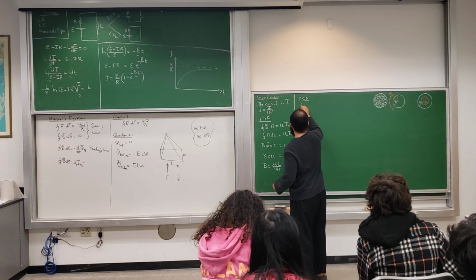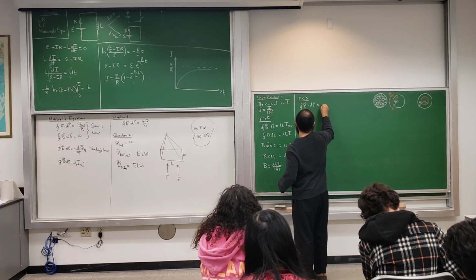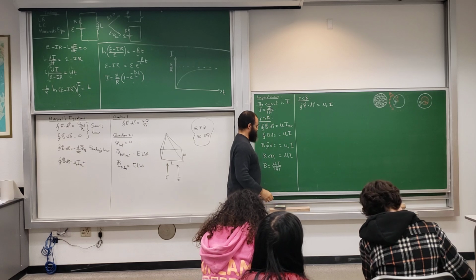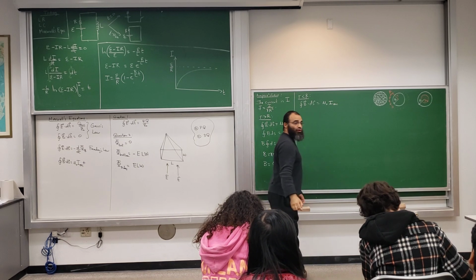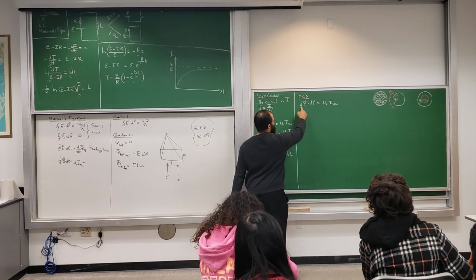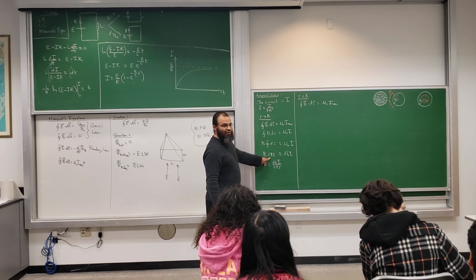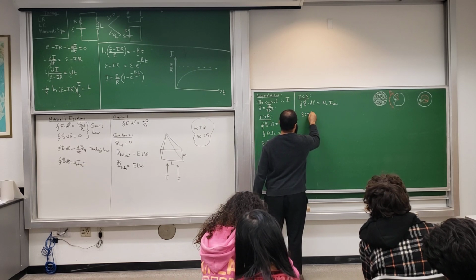Same thing. B dot ds is equal to mu naught times I enclosed. In this case, it's not the whole current, it's part of it. So B dot ds is going to be B times 2 pi r.